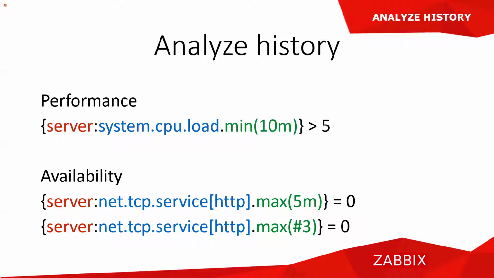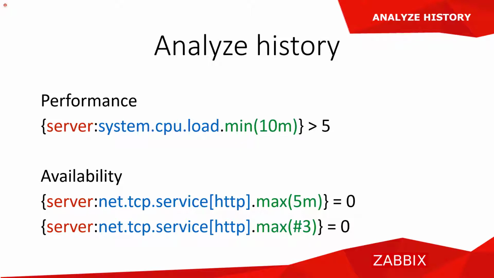How can we do that? Well, we of course can analyze history in Zabbix, so we can use all the values that we already collected at some point, and we can make Zabbix calculate, well, more precisely what the current situation is with whatever devices we are monitoring.